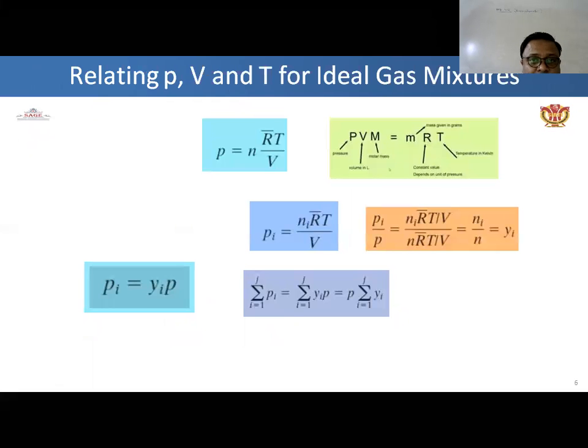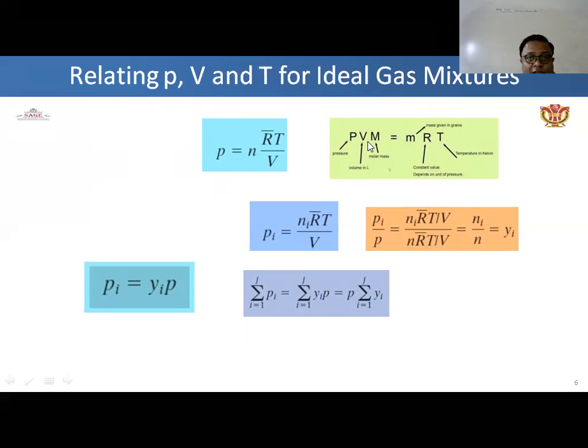Relating PVT for the ideal gas mixture, it is also represented mathematically. P is equal to N, the number of moles, times R bar, the universal gas constant, times T upon V. This relates pressure, volume, and molar mass. If we choose the gas by mass, using the equation PV equals mRT, m is the mass given in grams, R is the characteristic gas constant, and T is the temperature in Kelvin.